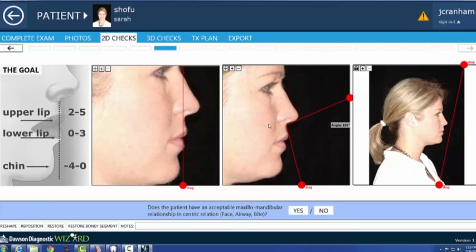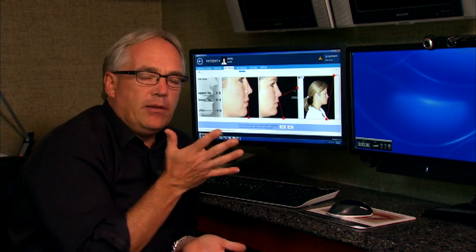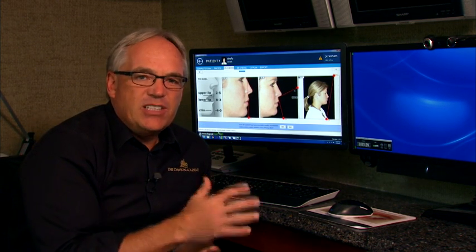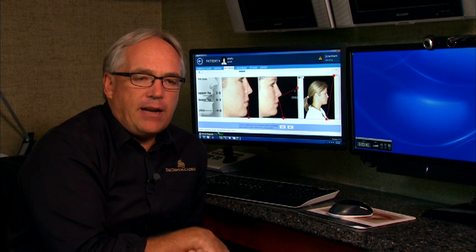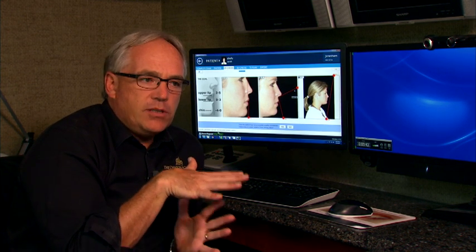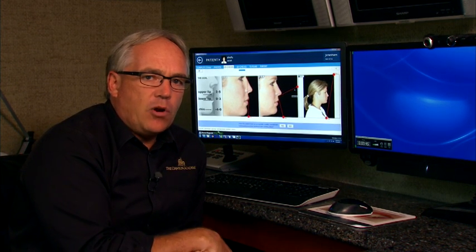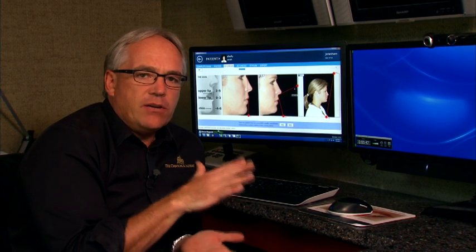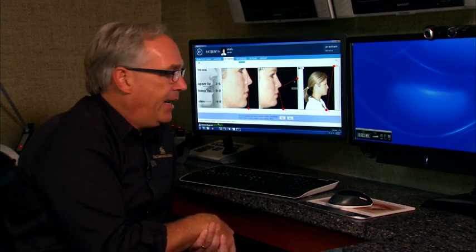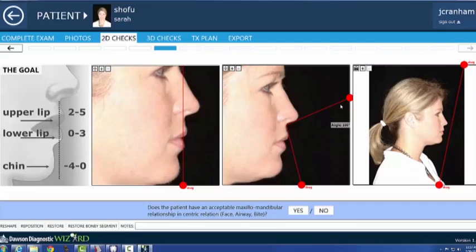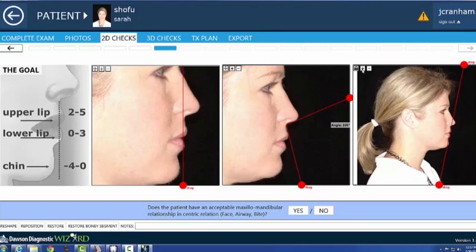What we tend to see in men is a nasolabial angle that is 90 to 95 degrees, whereas women's nasolabial angle will be a little more obtuse, 95 to 105 degrees is pretty much the range. We're seeing Sarah's at 100 degrees, which is pretty much ideal, which is why she's a pretty gal. Everything is in pretty good shape here.